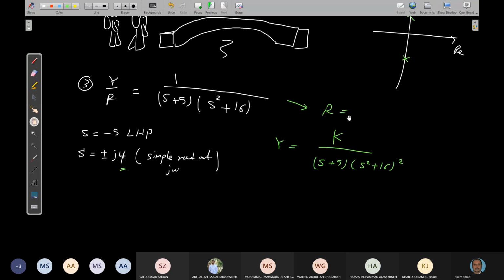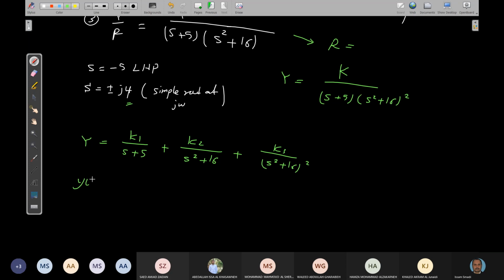Because I'm injecting a sinusoidal with the same frequency, so I will have this one repeated, correct? Now if I do the partial fraction expansion, this will equal a constant k1 over s plus 5, plus another constant k2 over s squared plus 16, plus another constant k3 over s squared plus 16 all squared, correct?